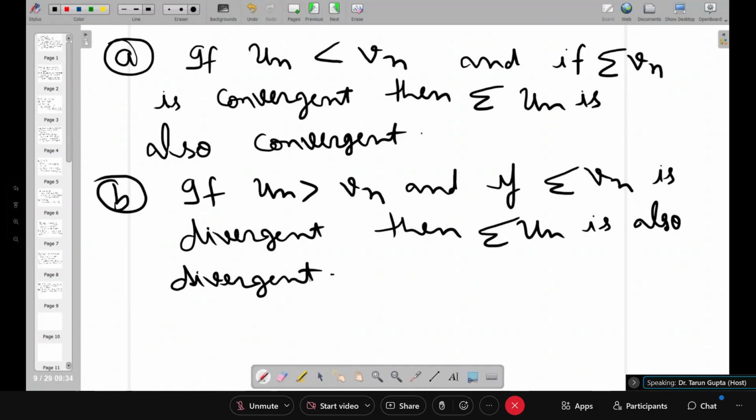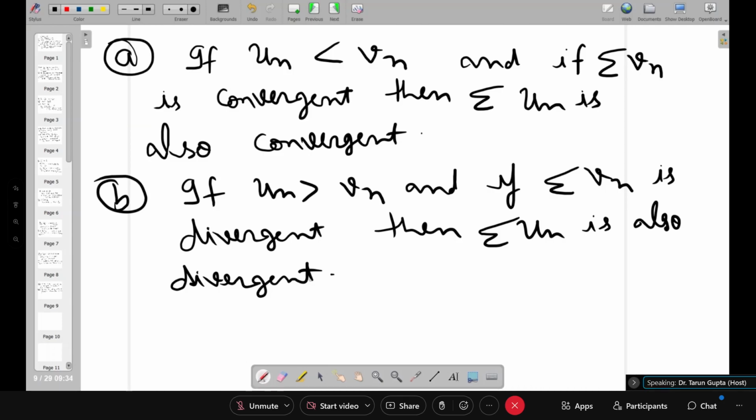So the conclusion of this test is, if the greater series is convergent, then the lesser series is also convergent. If the lesser series is divergent, then the greater series is also divergent. Now we solve some examples.